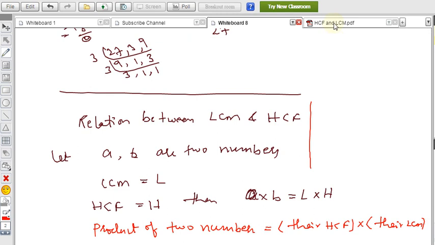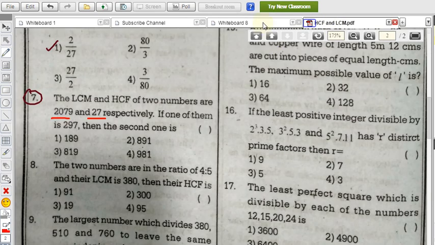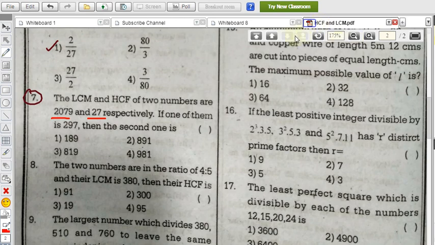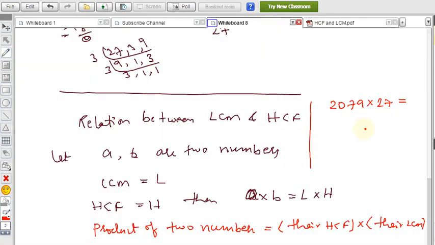Another number you take as B. Then 2079 into 27 by 297.